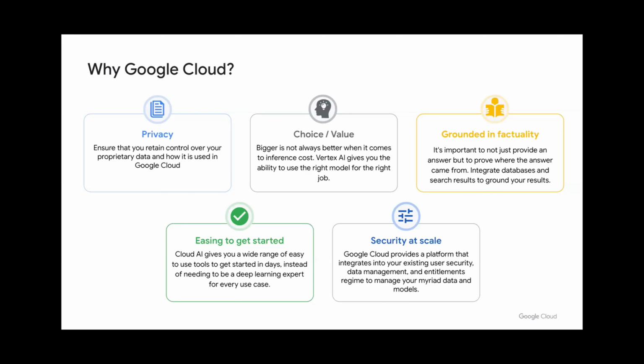That's the biggest question. All our generative offerings are built on top of our cloud infrastructure. That means you automatically inherit your existing user security, data management, and entitlement regimes. And with our end-to-end data-to-AI platform, you're able to manage both your data and models to ensure the generative model is fully governed and managed.